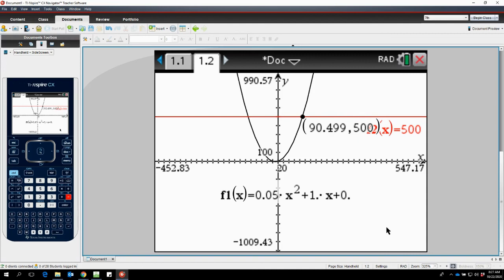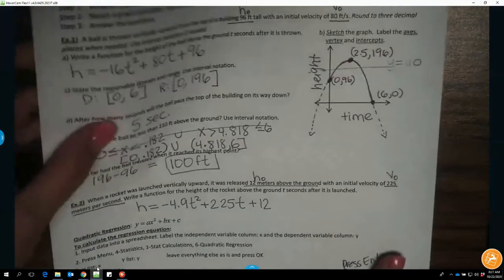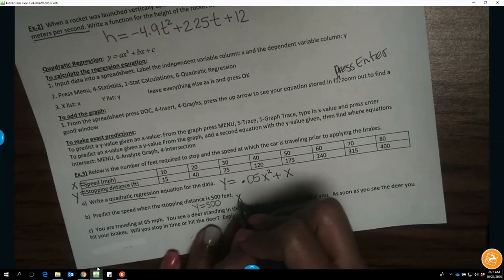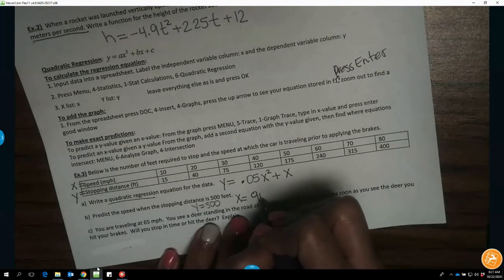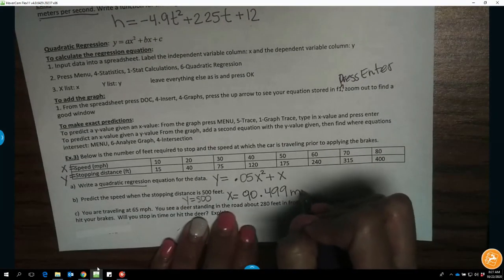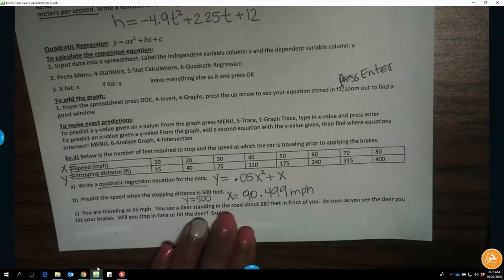There you go. So x would be 90.499 miles per hour, because that's what the units are for speed. So you copy it down. Over here, if the y was 500, x was 90.499 miles per hour. So that's my answer for that.